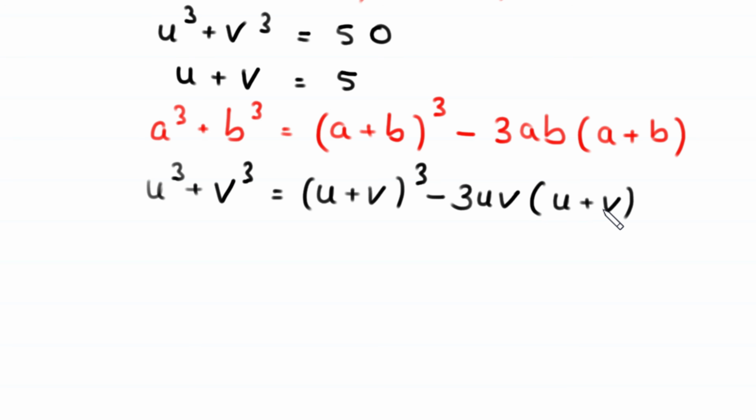In this identity, we replace this u plus v and this u plus v with 5, and we replace this u cubed plus v cubed with this 50.